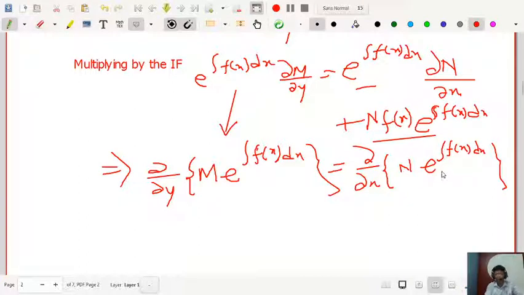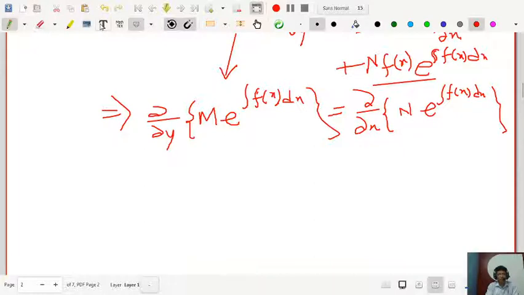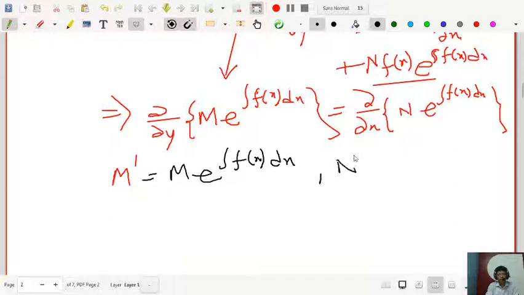And this shows that, let me write a differential symbol, suppose M dashed equal to M e to the power integration f(x) dx, and N dashed equal to N e to the power integration f(x) dx.